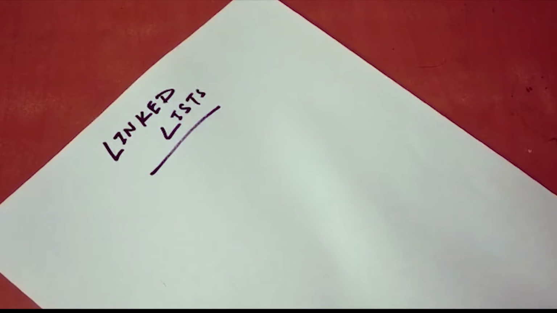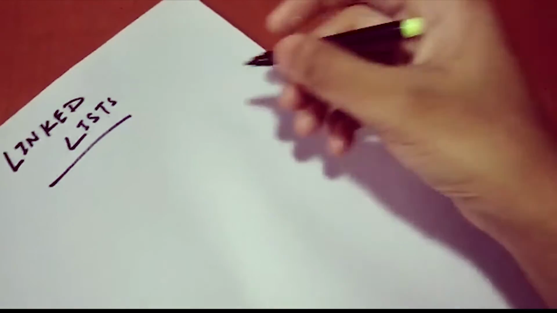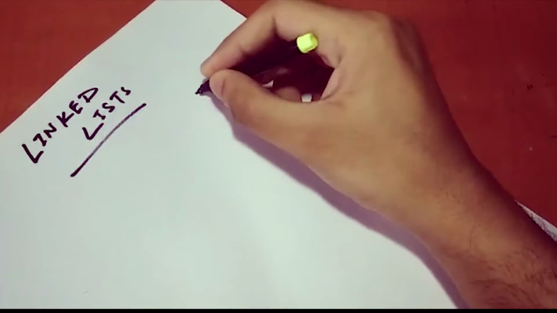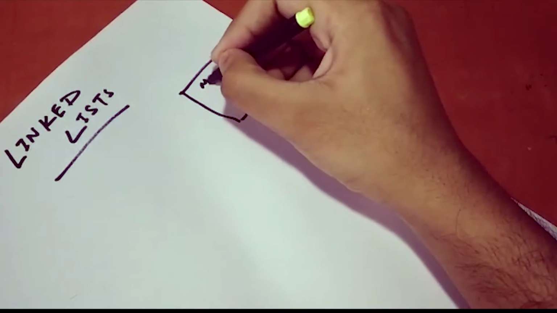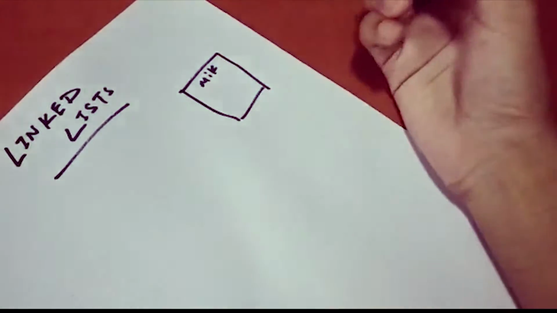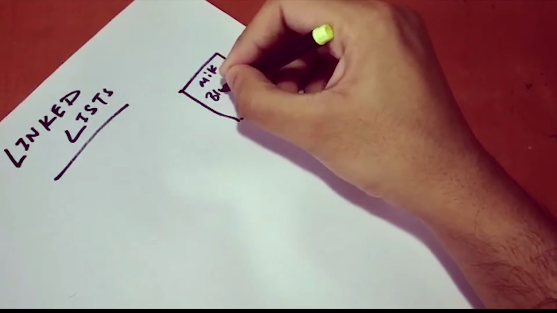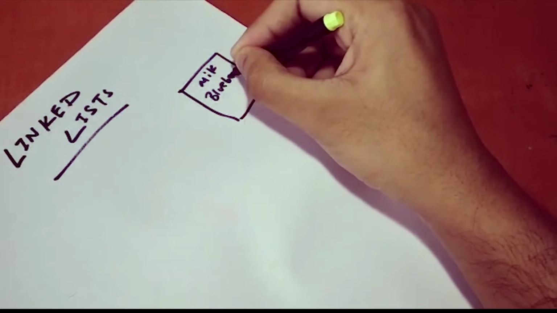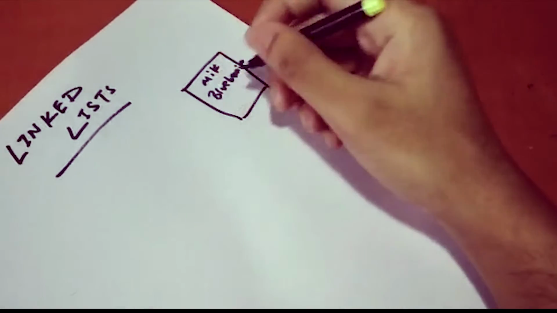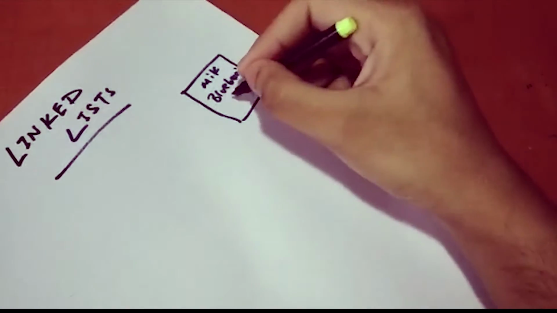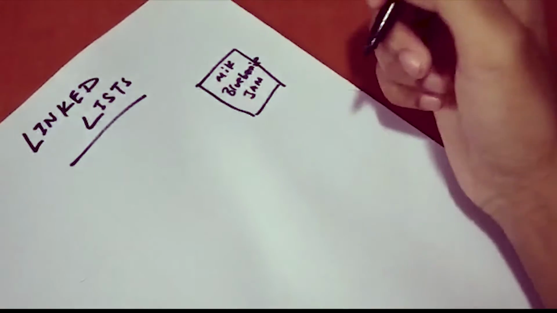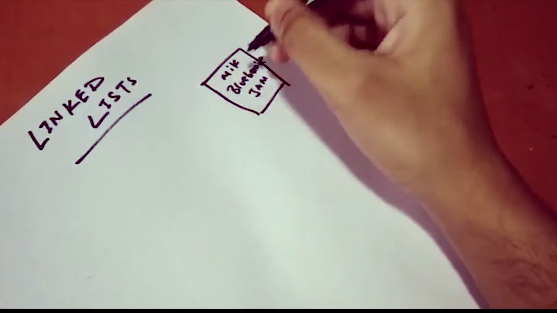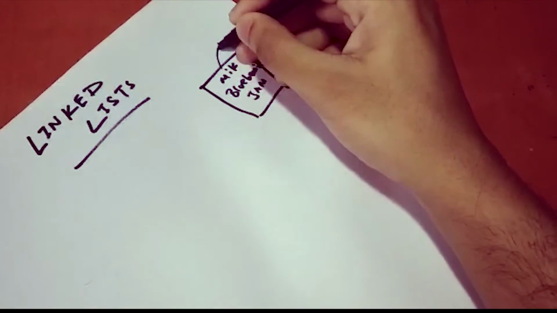For example, what kind of list can it be? Let's consider this is a piece of paper and the list has milk, blueberries, jam, etc. So this is a list, right?